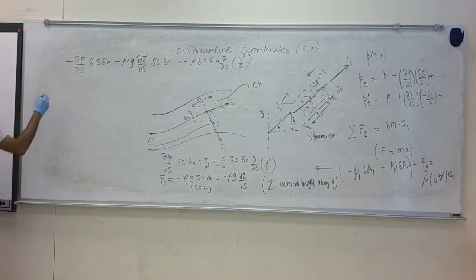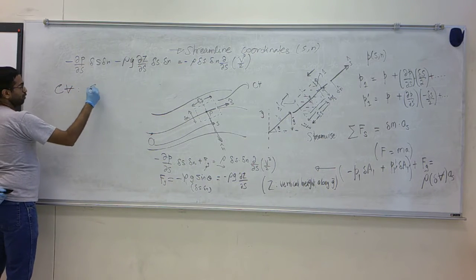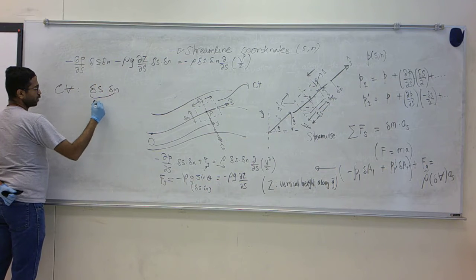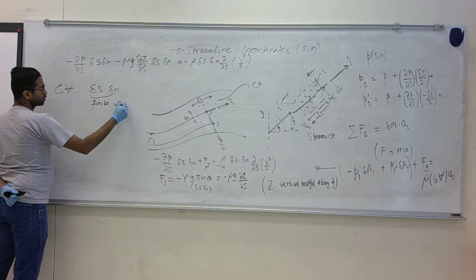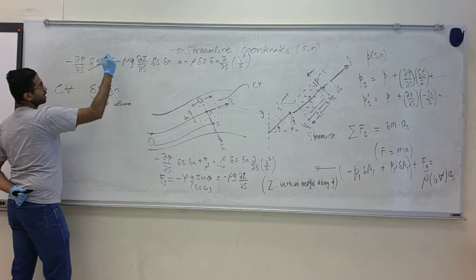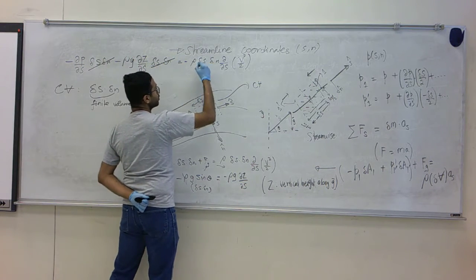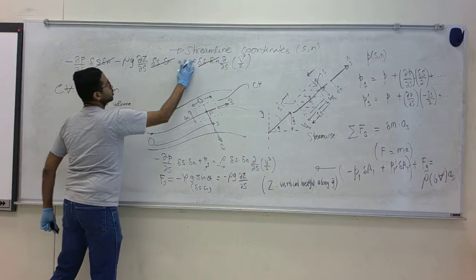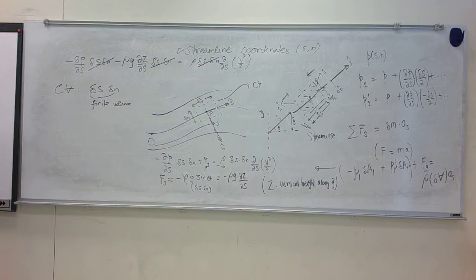Now I took this control volume of volume delta s times delta n, which is a finite volume. So what that means is it's not zero, so I can strike it down throughout the equation. So what am I left with?